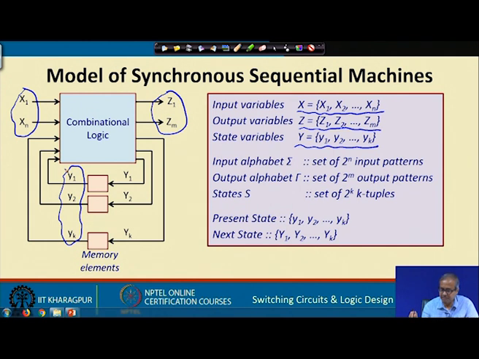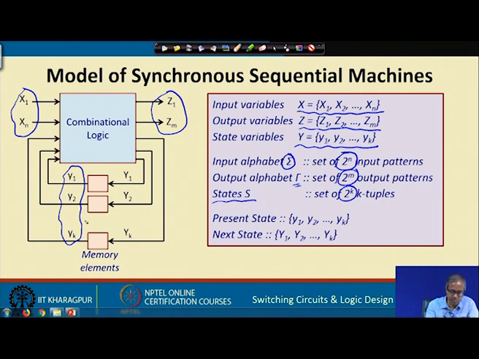Now, according to our definition of FSM, the input alphabet consists of all possible input combinations. Because there are n inputs, there will be 2 to the power n such combinations. Similarly, for the output alphabet, there are m outputs, so 2 to the power m combinations, and there are k state variables, so there will be 2 to the power k states.